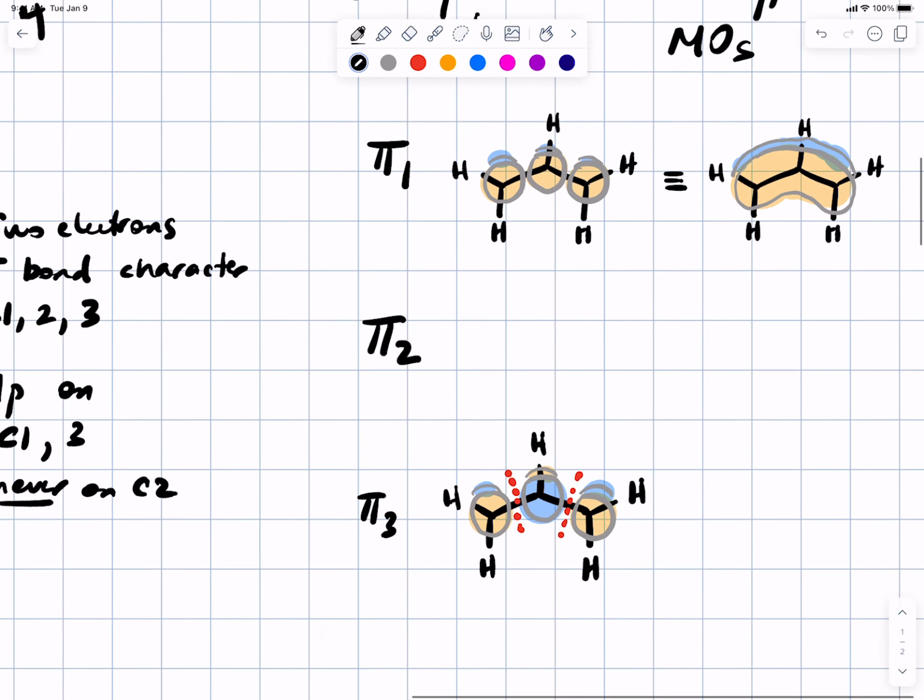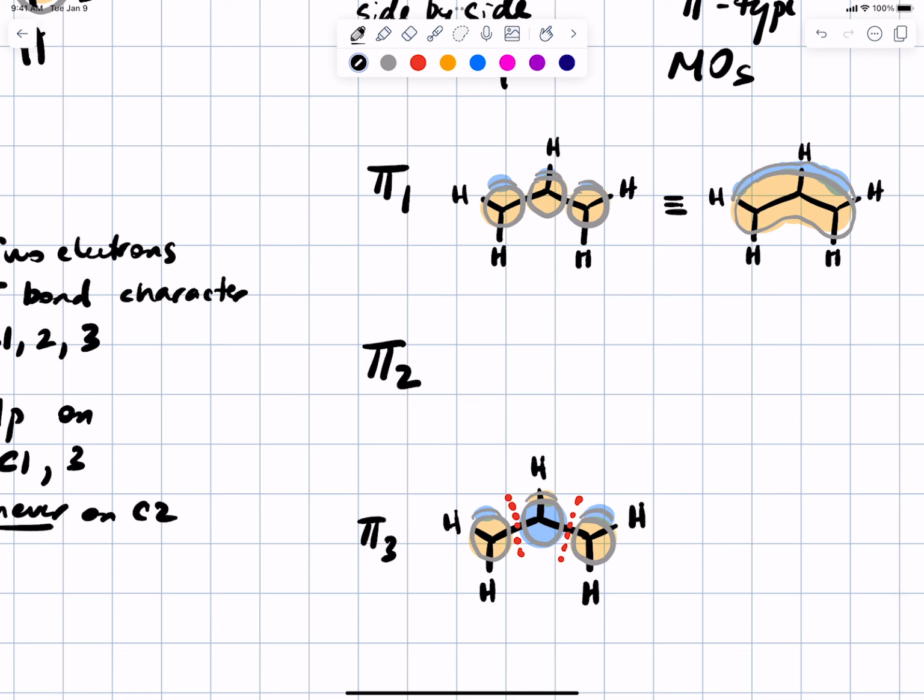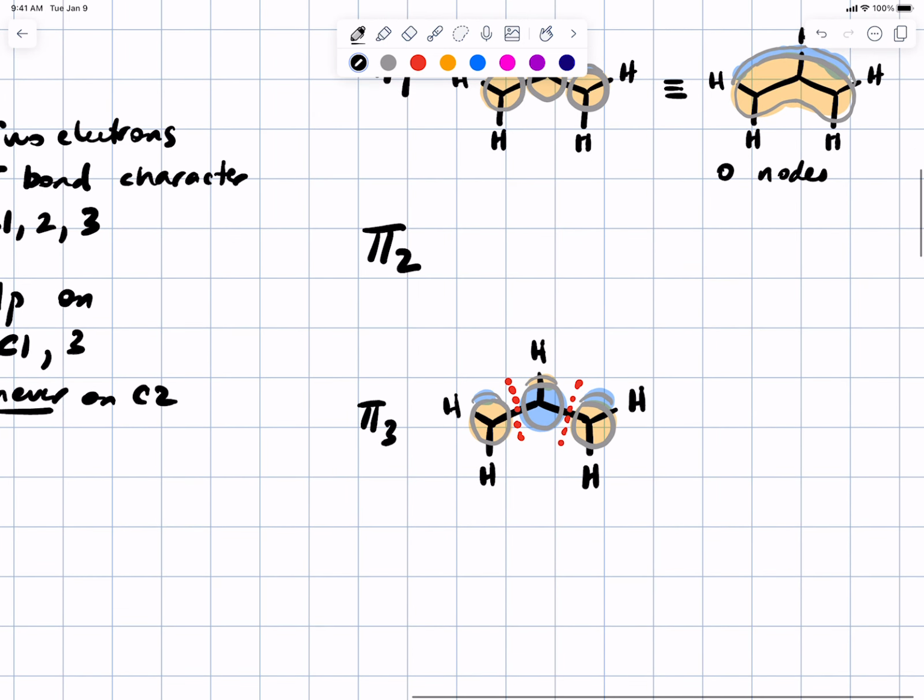And if we're keeping track of the number of nodes that are perpendicular to the page, I'm going to say 0 nodes here. Just understand all of these orbitals have the same node that's in the plane of the page, so we're not counting that one. We're looking at differences. The one down here has 2 nodes that are perpendicular to the page. So basically for pi 2, the one that's in between these two, I'm looking for 1 node, I guess.